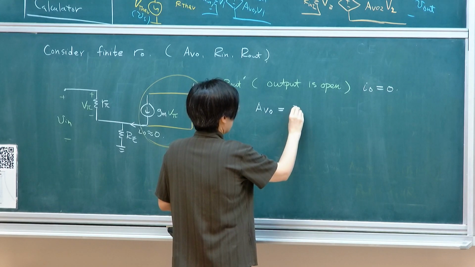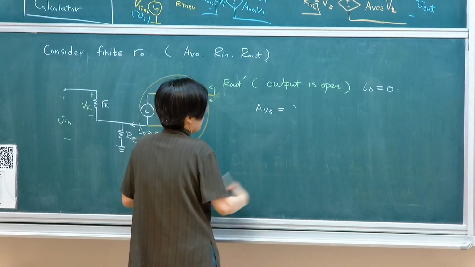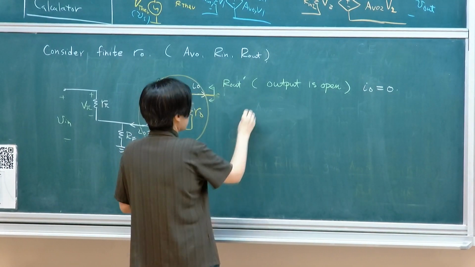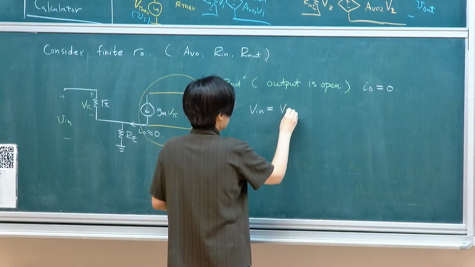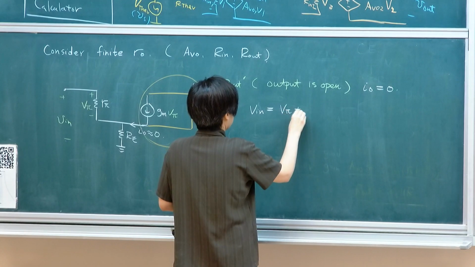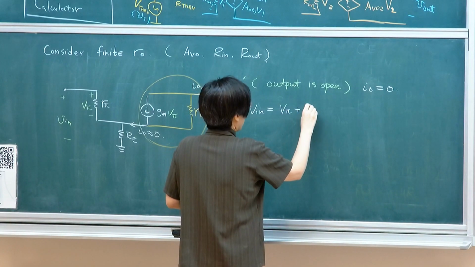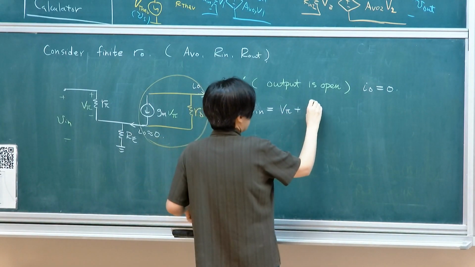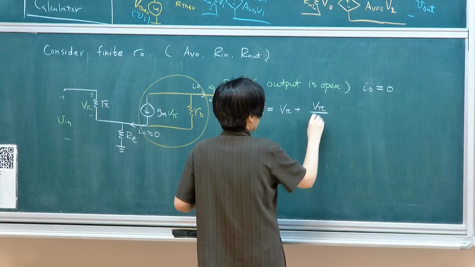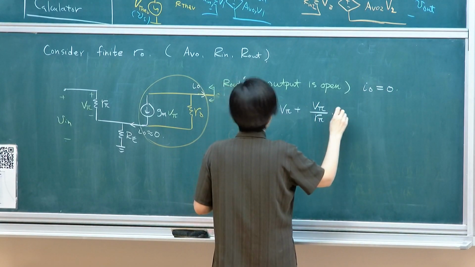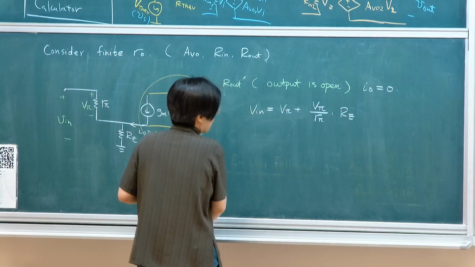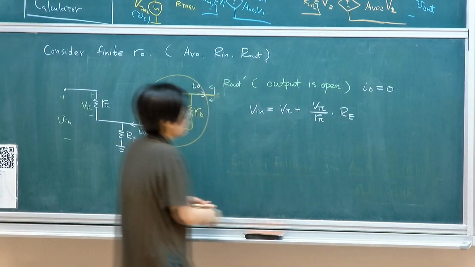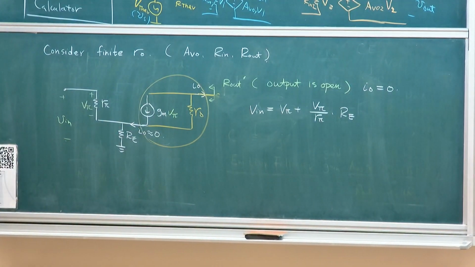So this will simply tell us that, once again, let's look at the input voltage. It will simply be V pi plus the current going down, V pi over R pi, times RE, right? That's your input voltage.